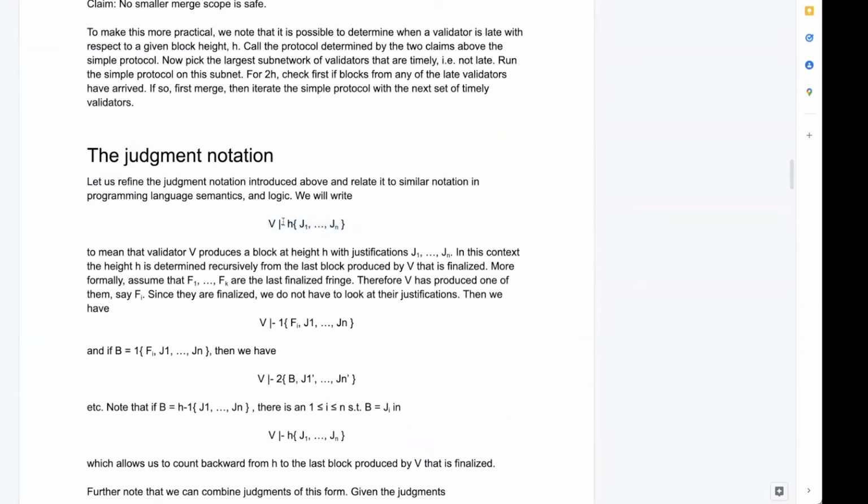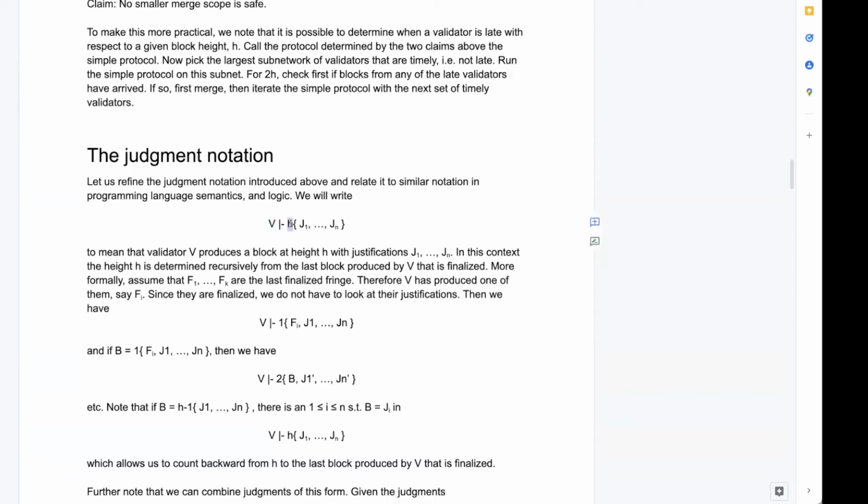We have a turnstile, and to the left of the turnstile we're going to introduce the validator identity at a minimum. We'll eventually enrich that, but this is the validator identity. You could think of this as the address that is used, the public address of the validator.